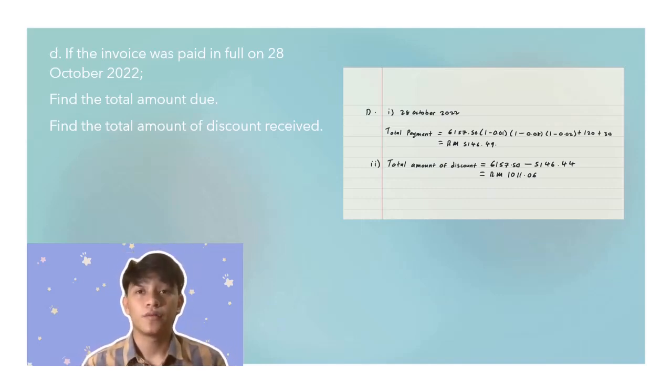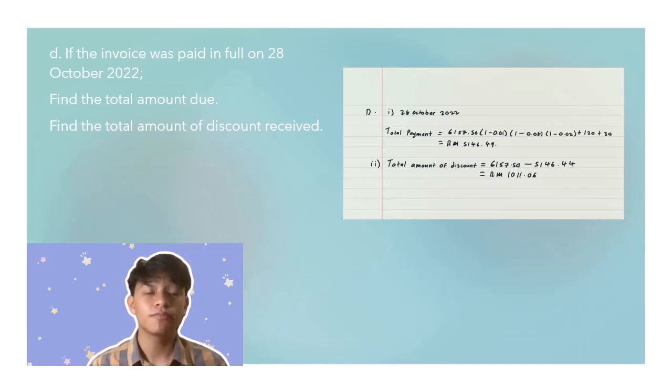Okay, we are using the formula TP equal to NP bracket 1 minus CD close bracket plus transportation cost.